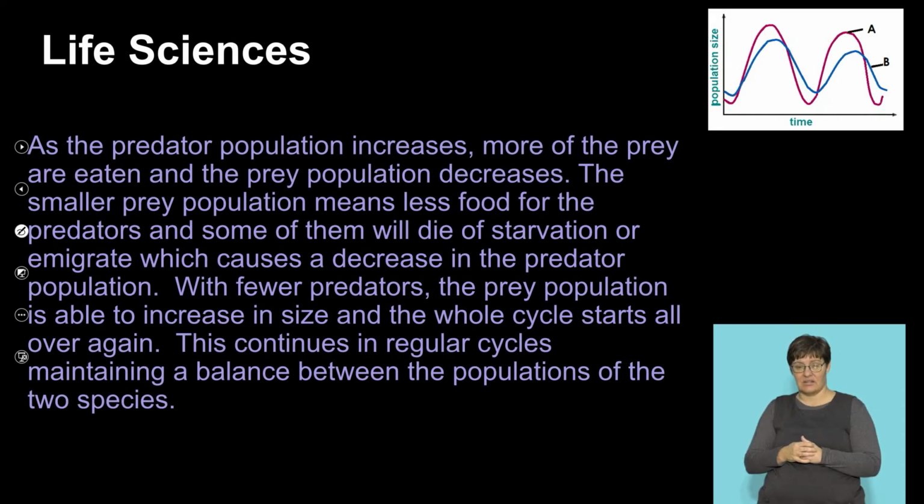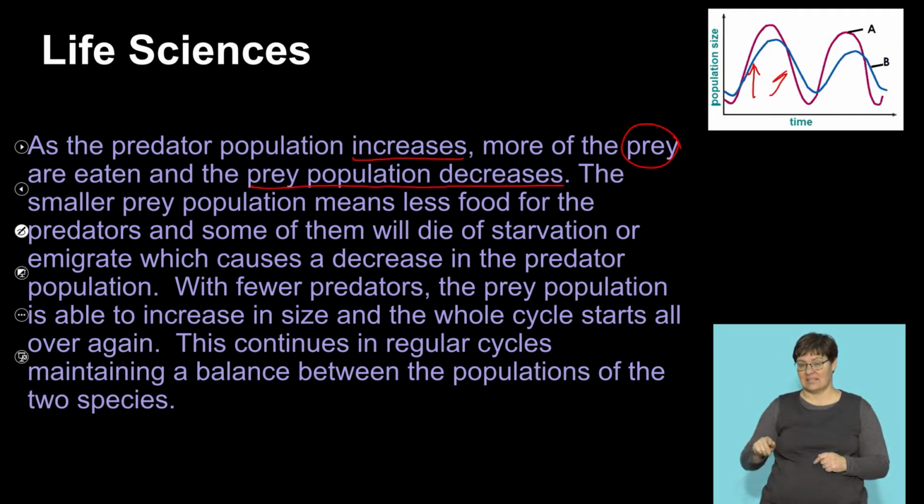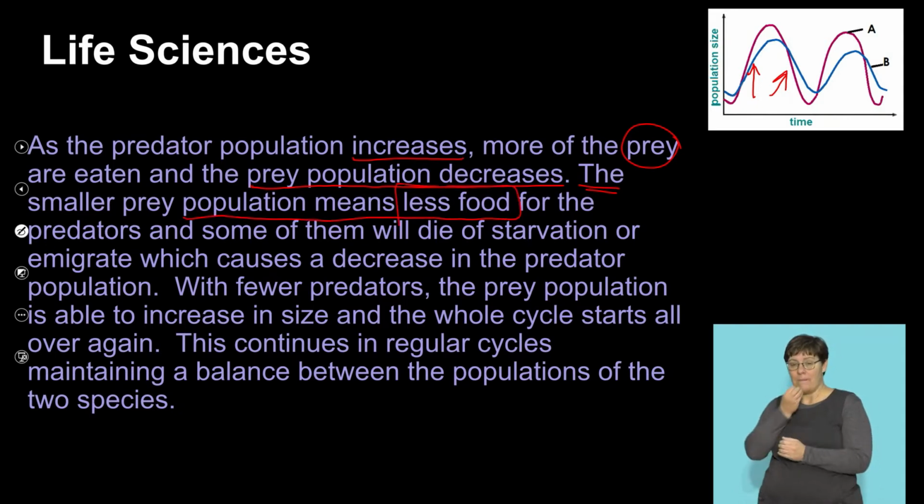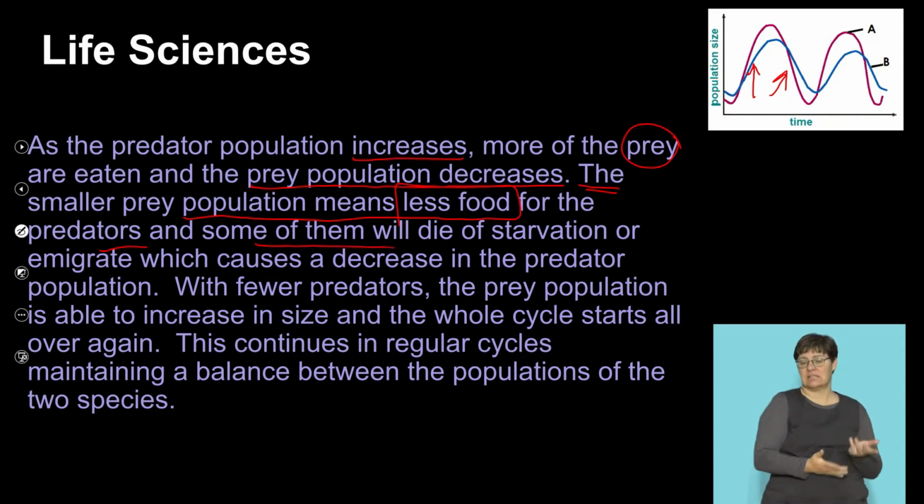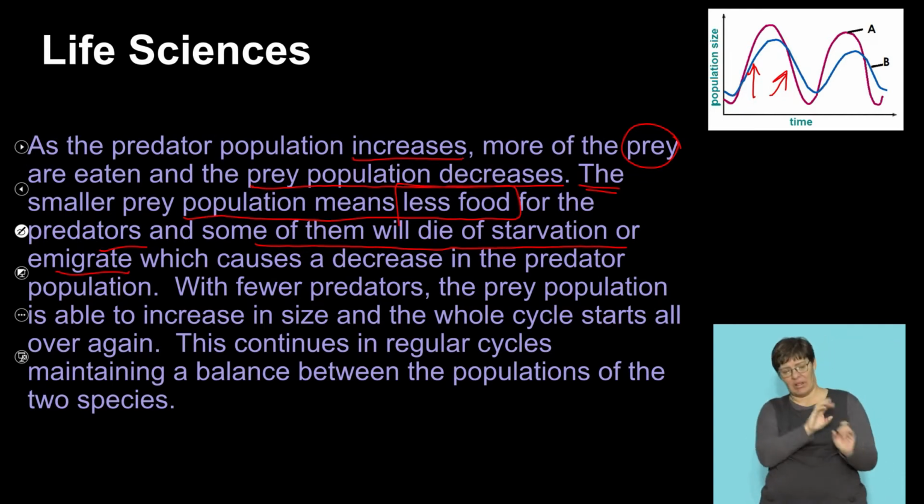As the predator population increases, so as blue increases, we're going to see that obviously more prey is going to be eaten. And we're going to see the prey population, the pink graph, now decreasing. The smaller prey population means less food for the predators, and some will also die of starvation, or they might actually emigrate and say there's not enough food, so we're going to leave the population.